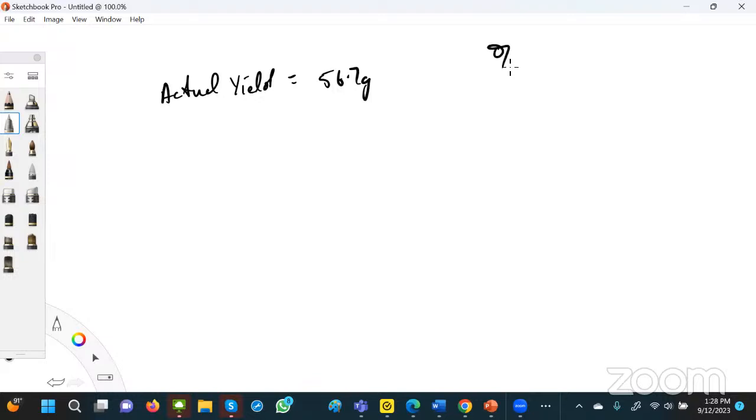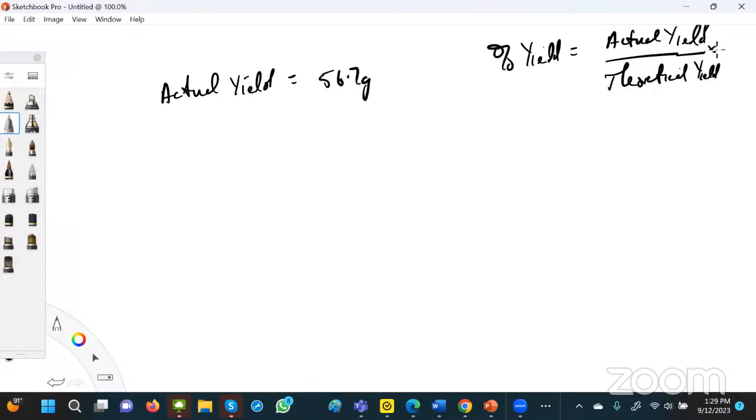And remember, to calculate the percent yield, that will be equal to the actual yield divided by the theoretical yield times 100%, all right? So basically what it comes down to is that we need to find the theoretical yield. Let me hear your ideas about determining the theoretical yield.